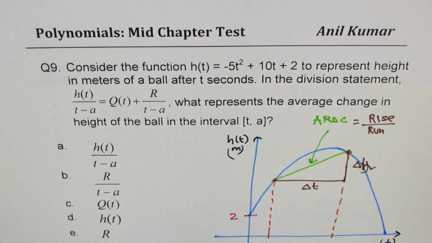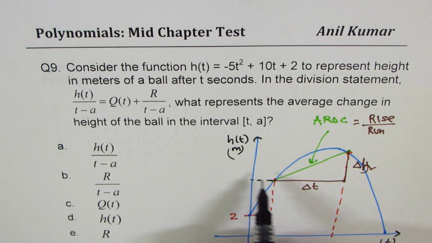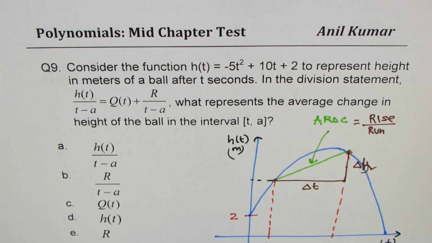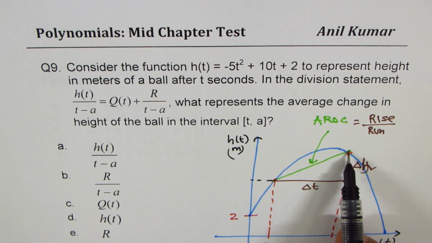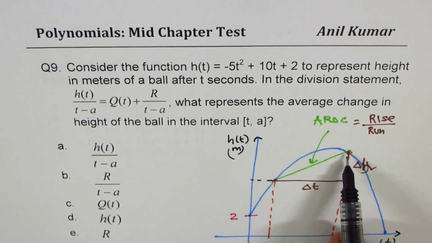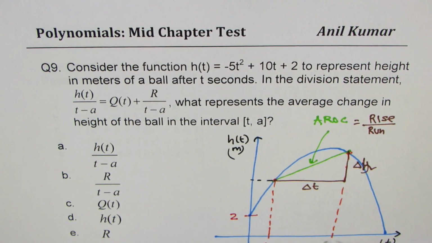Now, let me show you what this point is. At a time a, the value of the function h(t) is basically the remainder r. Do you understand? So r gives you the value of the function at a. This is r(a), correct? So at any time, the value of the function is given by the independent variable.